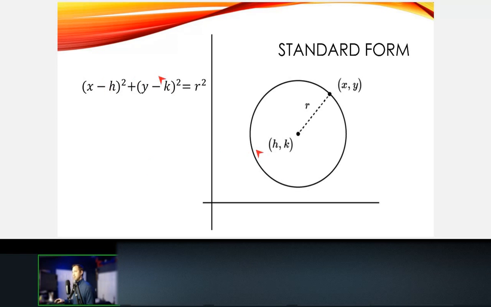So h comma k is the center of your circle. That is imperative that you know this. And this is actually going to be true for circles and ellipses, at least, and actually parabolas and hyperbolas. Yeah, all of them. Yeah, h comma k.